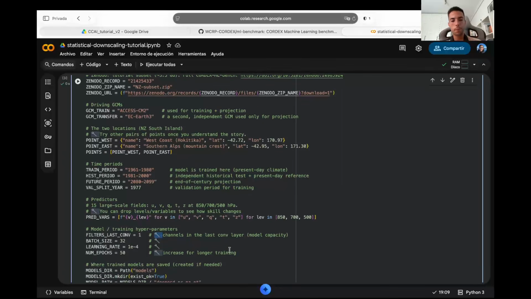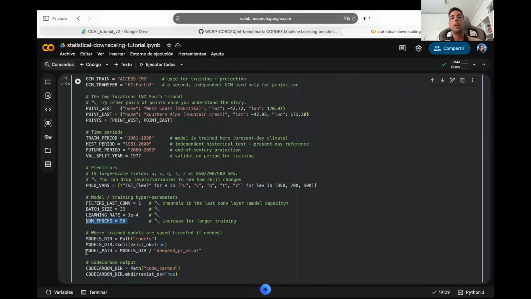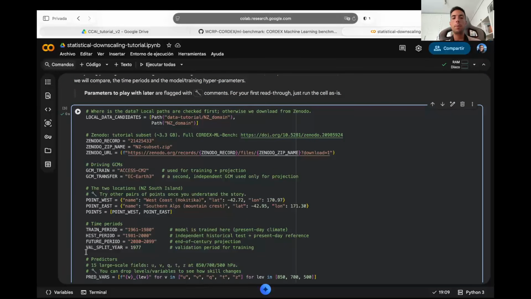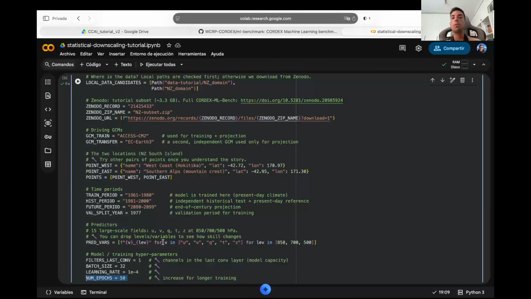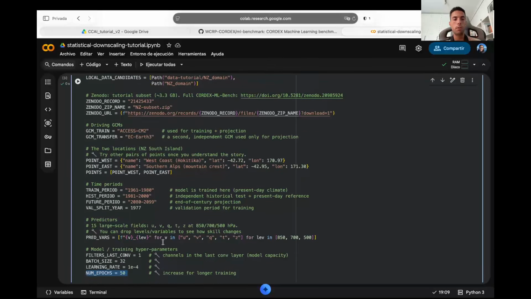For instance, here you can see some parameters that you can change for the deep learning model. Imagine that, as we will see later, I want to try to train the deep learning model for longer. Well, in that case, I can increase here the number of epochs. I can run the tutorial again, and the model will train for that number of epochs. So this is some kind of configuration, so everything is clear, but also so you can play with different parameters and different configurations of different aspects of the tutorial.